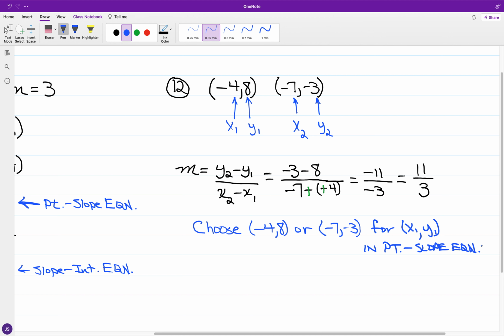Again, you can go with either one, and so we'll go with negative 4, 8, but you could choose the other ordered pair.